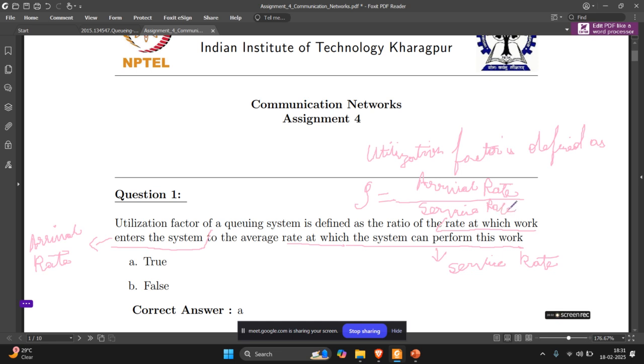So it is kind of indicative of the load that a particular server has.